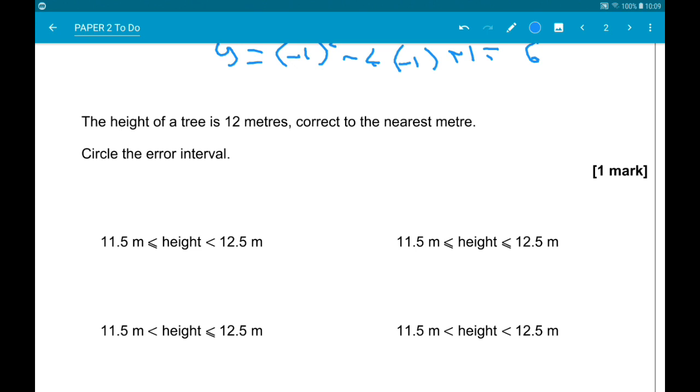So for an error interval, we want the lower bound to be the smallest possible height the tree can be, which is 11.5 meters, and the upper bound has a strict inequality with the smallest height the tree can't be, which here would be 12.5 because that would round up to 13. So this one is our guy.